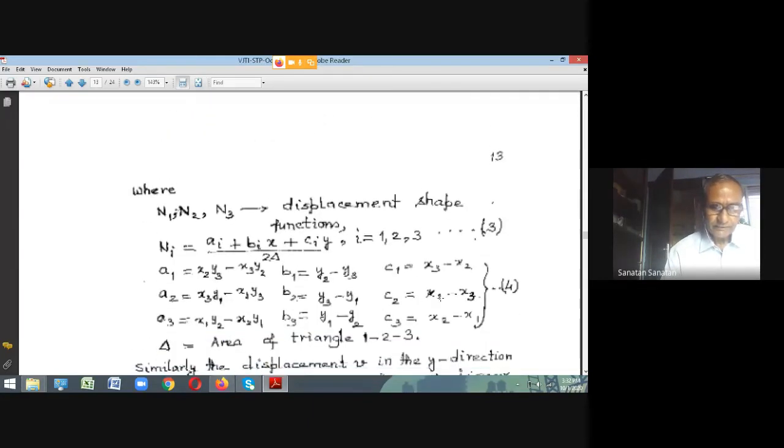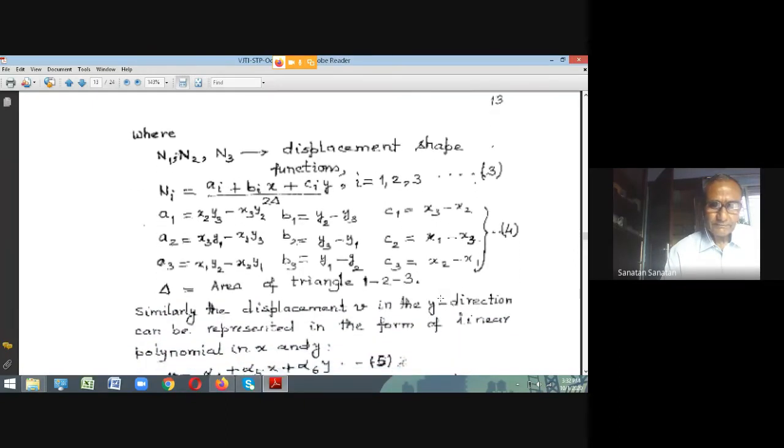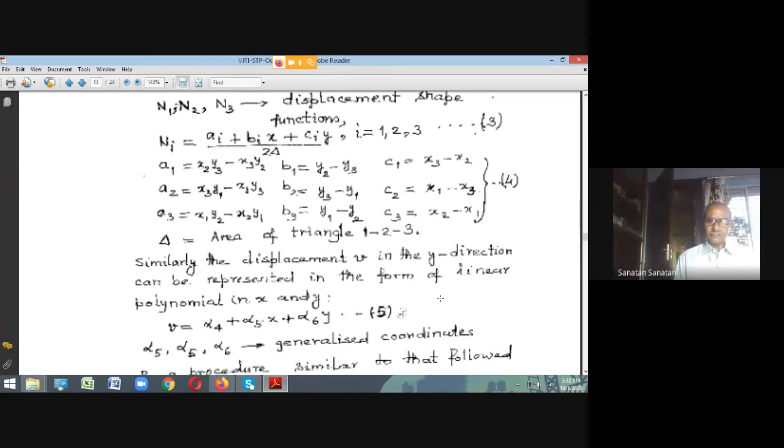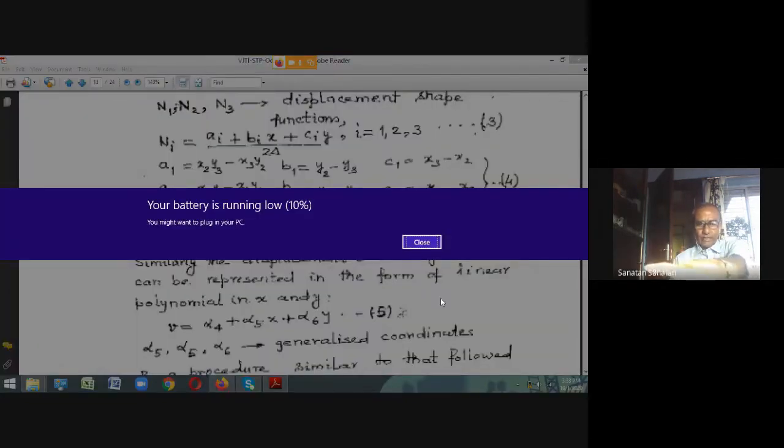You see, this is how it is. These displacement shape functions N1, N2, N3 are given here. See, Ni is nothing but ai plus bi x plus ci y divided by 2 delta, where i varies from 1 to 3. So we get N1 for i equal to 1, N2 for i equal to 2, N3 for i equal to 3.